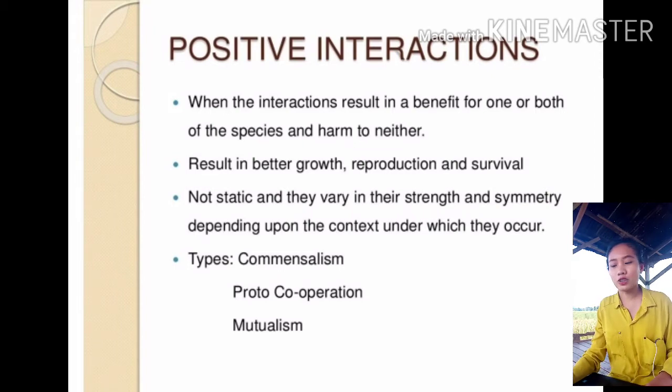When the interactions result in a benefit for one or both of the species and harm to neither, that is positive interaction. If one of them benefits and the other may benefit as well, and neither harms the other, as long as no one is harmed, it results in better growth, reproduction, and survival.